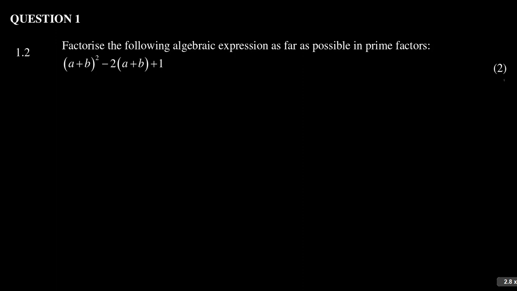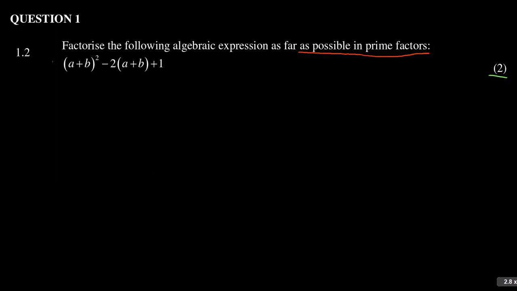It was a question with 2 marks. Now what was it dealing with? Now we are given, again, a factorizing problem. It says factorize the following algebraic expression. Again, the key words there are as far as possible in prime factors. If you have to factorize something as far as possible, they are trying to say make sure that you cannot factorize this further.